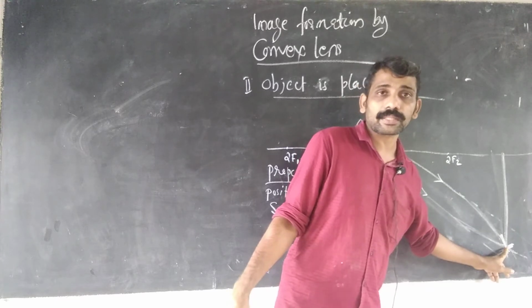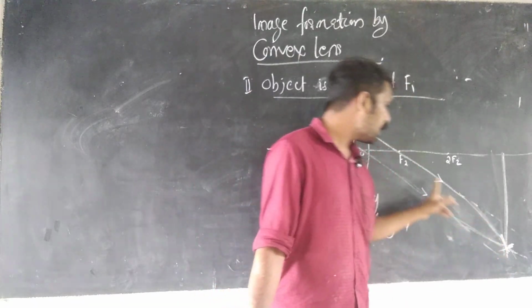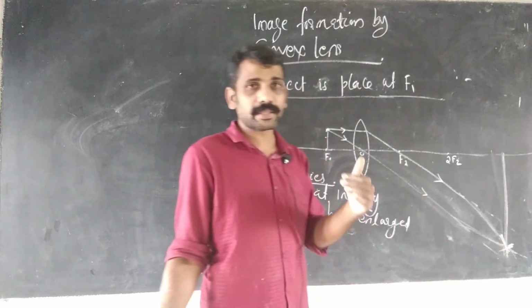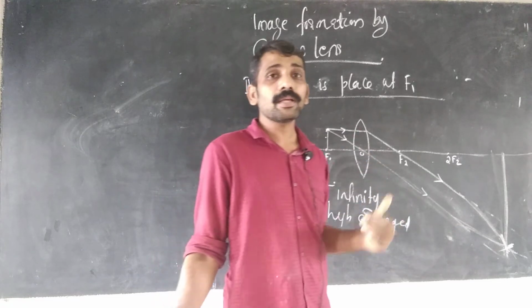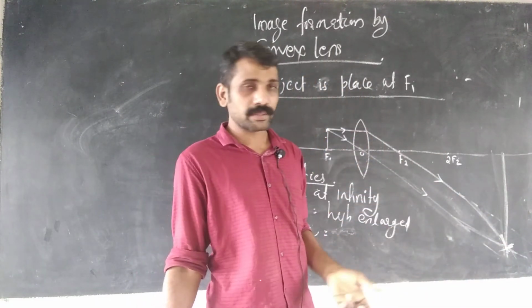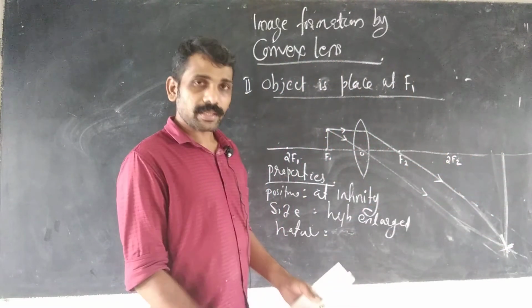So the image is formed here. Here the image is formed by the intersection of actual rays. So the image is real. What is a real image? If the image is formed by the intersection of actual rays, then that image is called a real image.